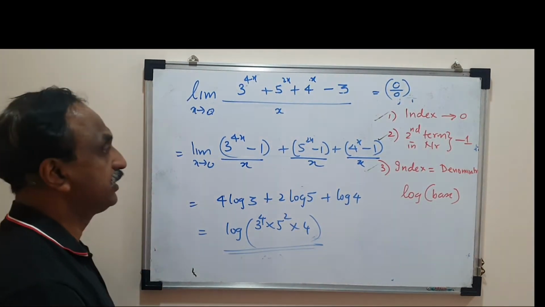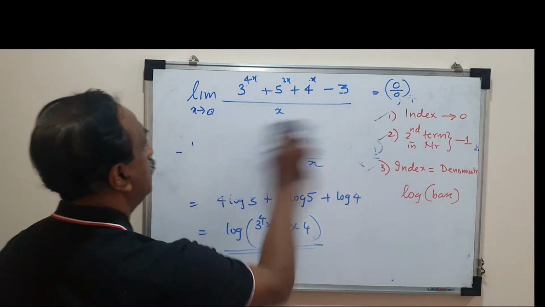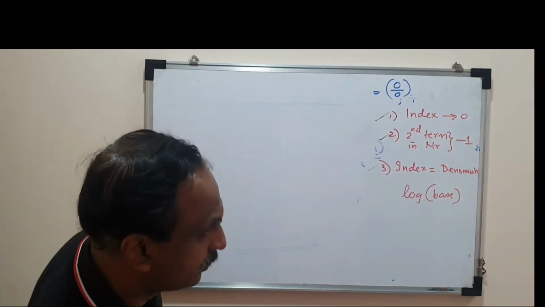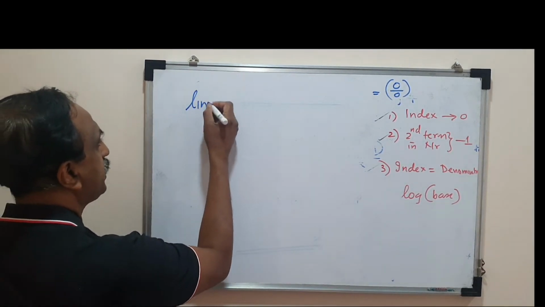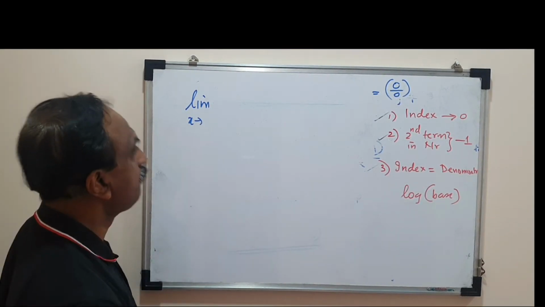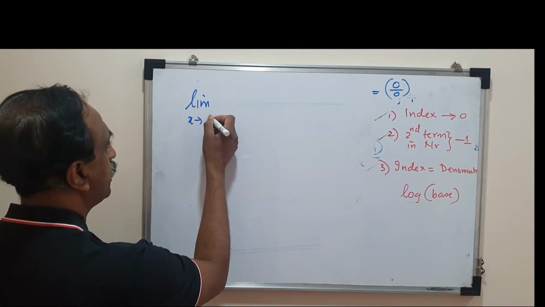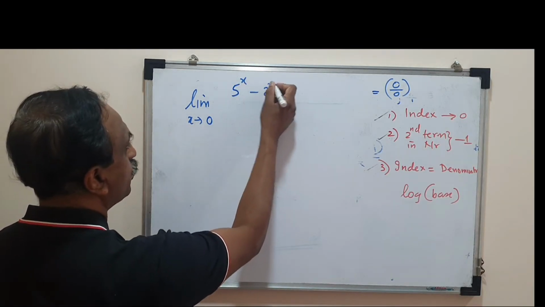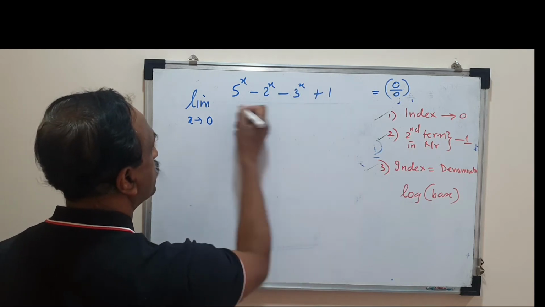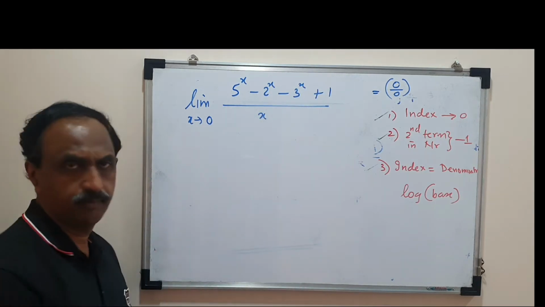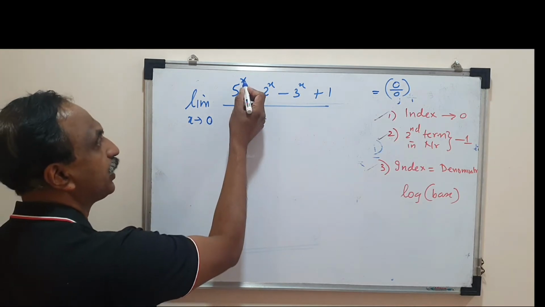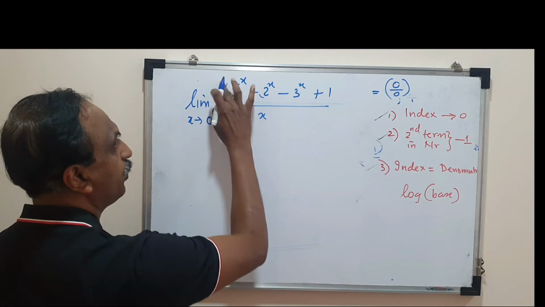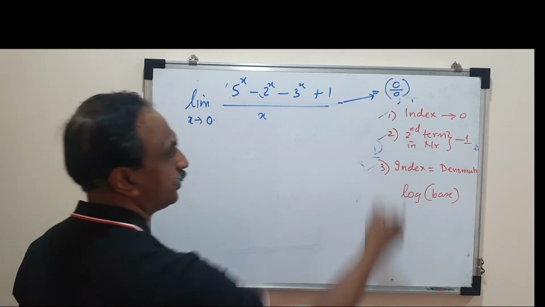Now let's have a look at this problem. Limit x tending to 0, 5 raised to x minus 2 raised to x minus 3 raised to x plus 1 upon x. Now check when I put x as 0 here: 1, minus 1, minus 1, 1. So numerator is giving you 0 by 0.